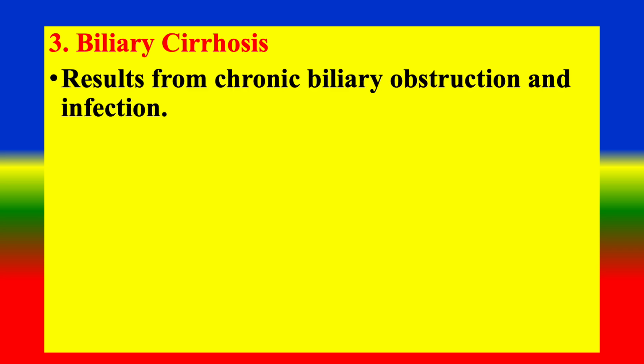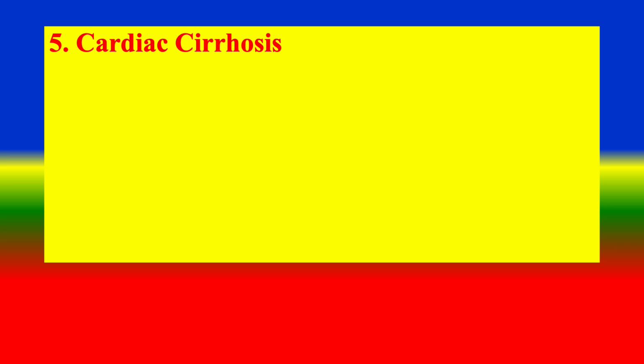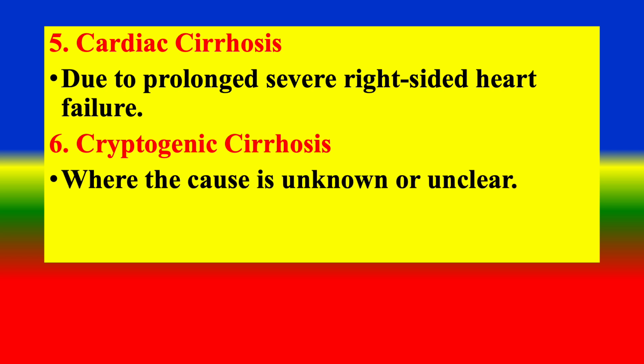Biliary cirrhosis, resulting from chronic biliary obstruction and infection. 4. Post-hepatic cirrhosis, occurs due to chronic hepatitis B or C infections. 5. Cardiac cirrhosis, due to prolonged severe right-sided heart failure. 6. Cryptogenic cirrhosis, where the cause is unknown or unclear.